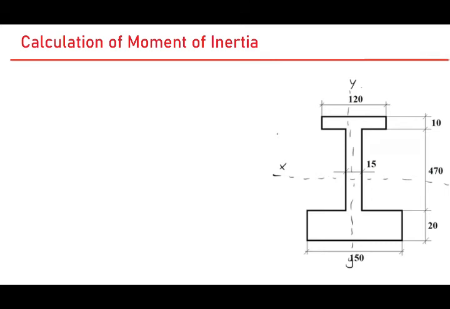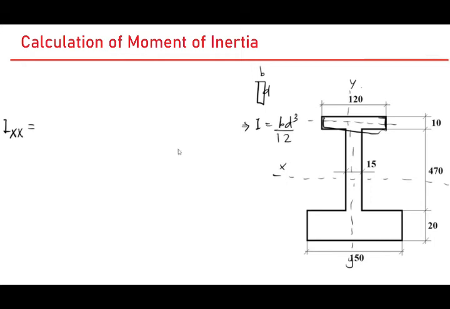So to calculate the Ixx of the entire section, first consider this small area. Now, what is the moment of inertia of this rectangular cross section? You know that if you have a rectangular cross section, if this is B and this is D, your moment of inertia I is equal to BD cubed by 12.